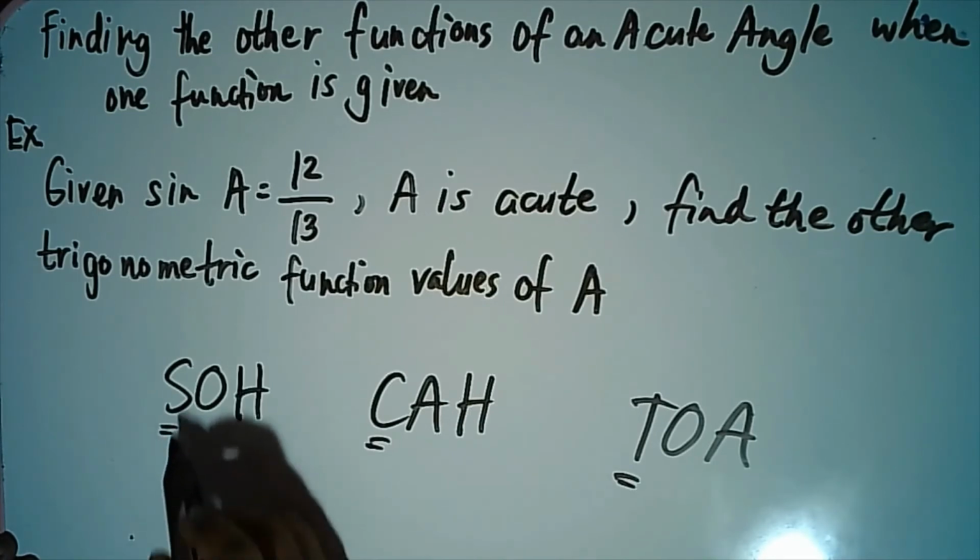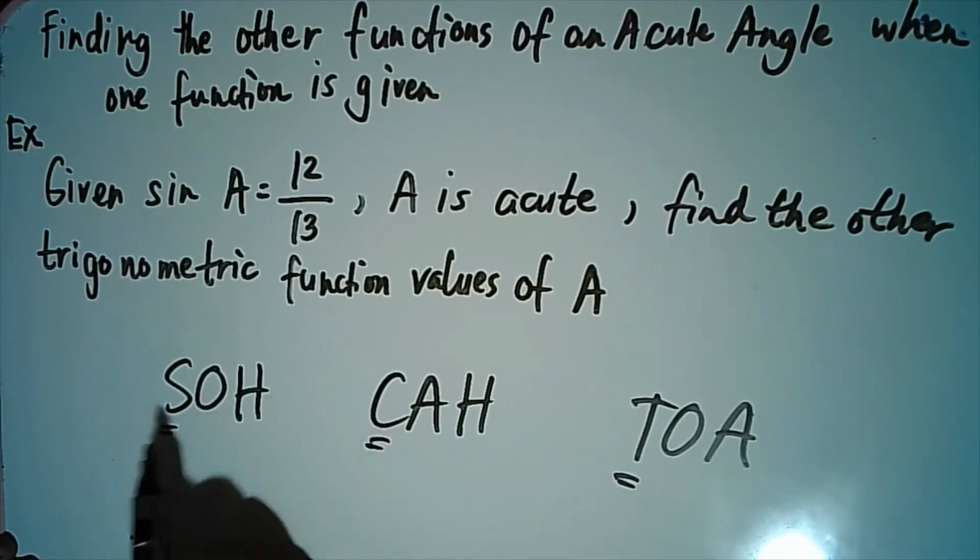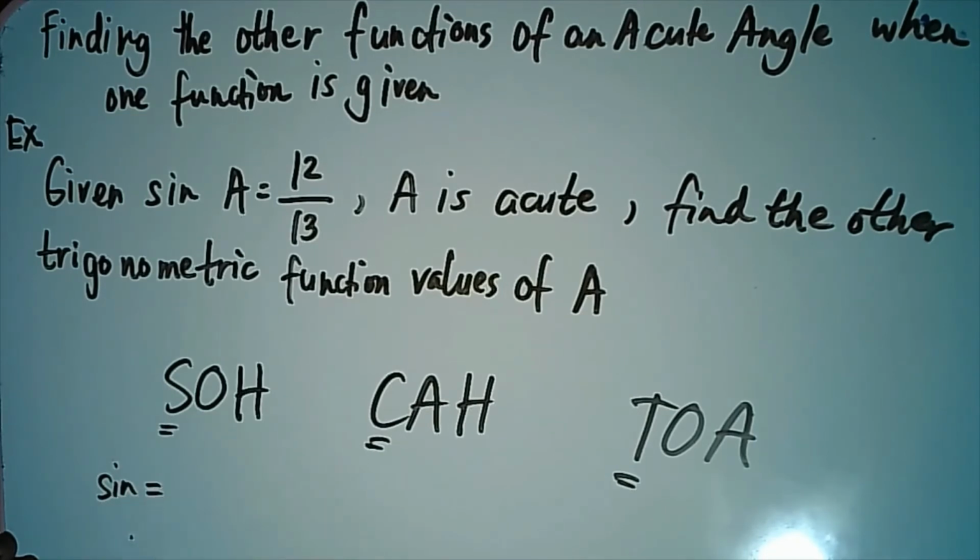So SO means the sine, which is equal to the opposite over the hypotenuse.